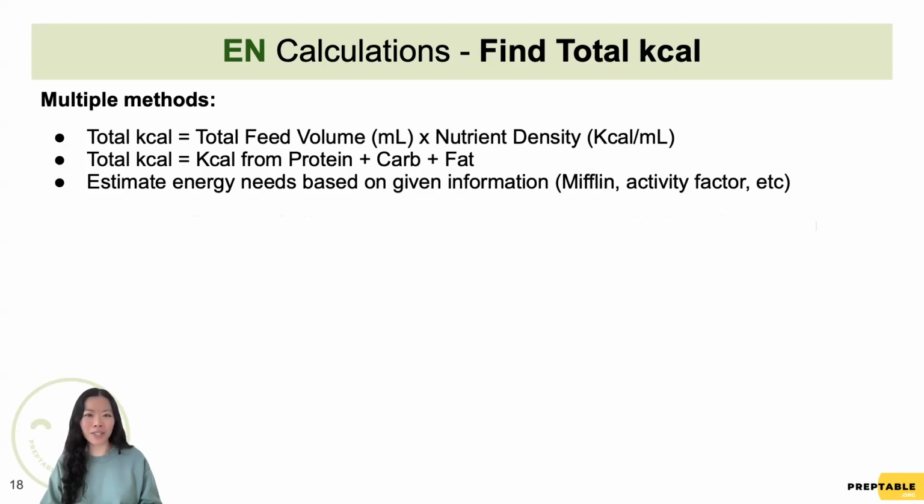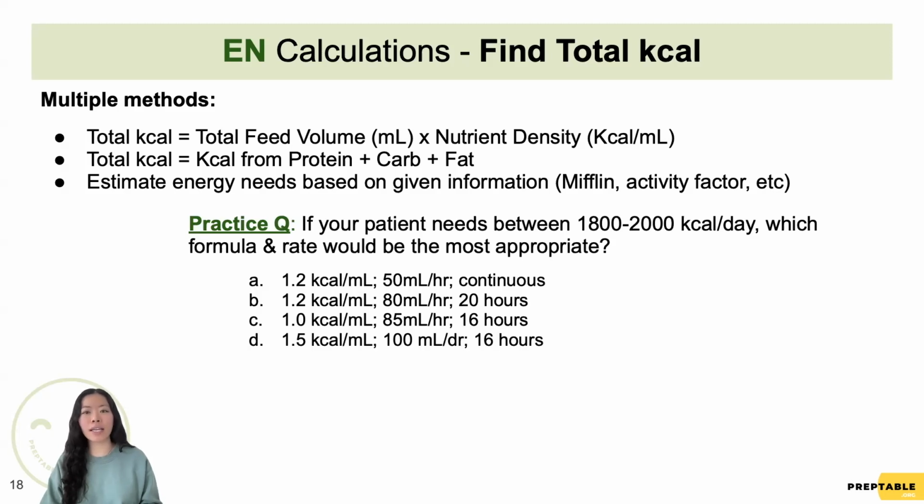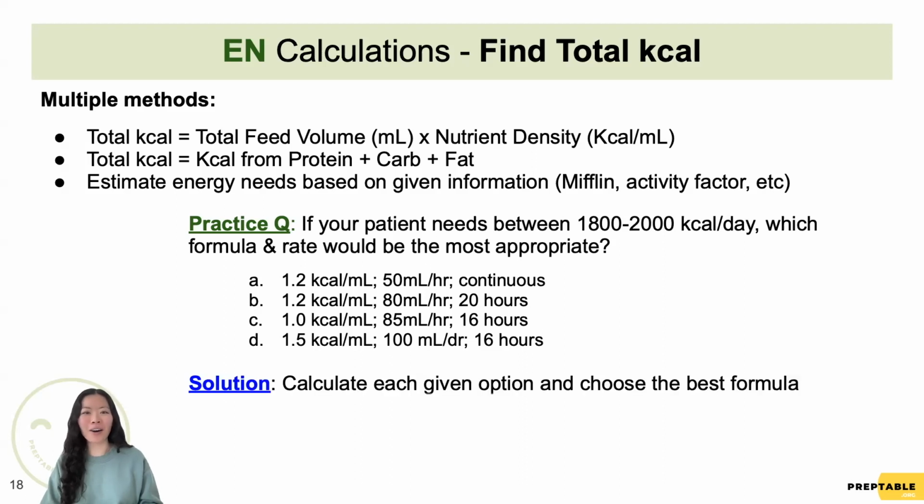Now, without further ado, let's do a practice question. If your patient needs between 1800 to 2000 kcal per day, which formula and rate would be the most appropriate? Well, to solve this, you need to calculate each option and choose the best formula. For example, option A is continuous feeding. So 50 milliliter per hour times 24 hours gives us the feeding volume.